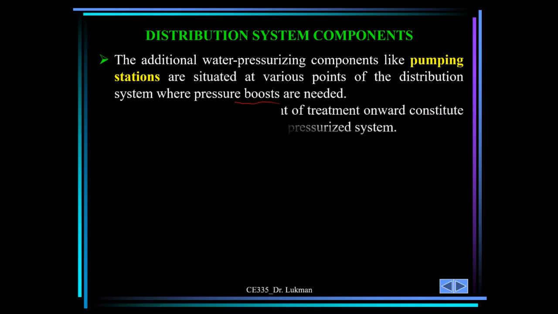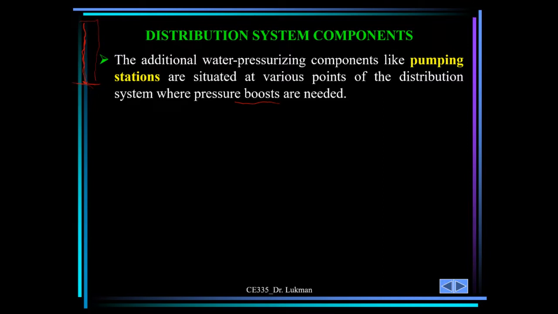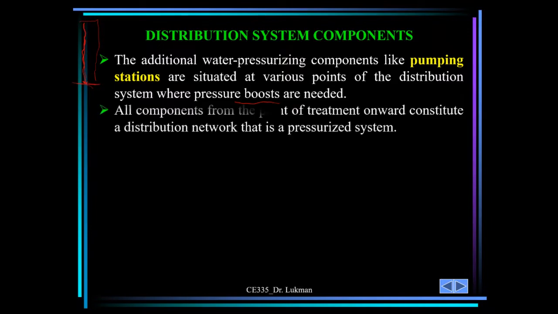That is, if you have a pipe, the pressure head should be such that when you extract water, it will reach about a 4-story building. And this is so high. Okay? And if the pressure head is not enough, it cannot reach that point. Okay, so sometimes there is need to boost the pressure. Okay, and that's why we have pumping stations.